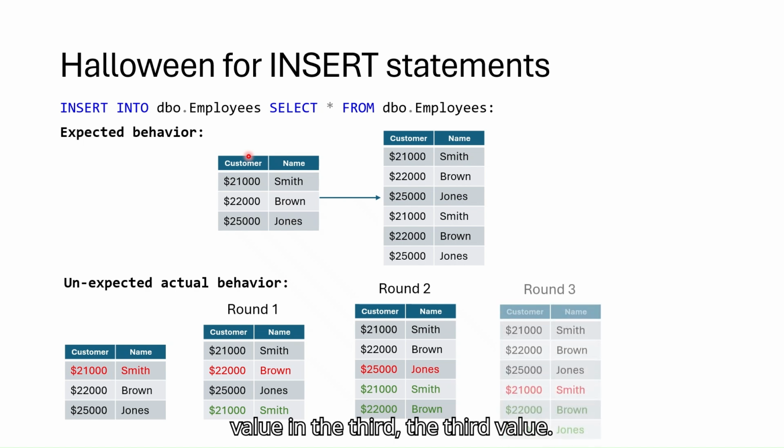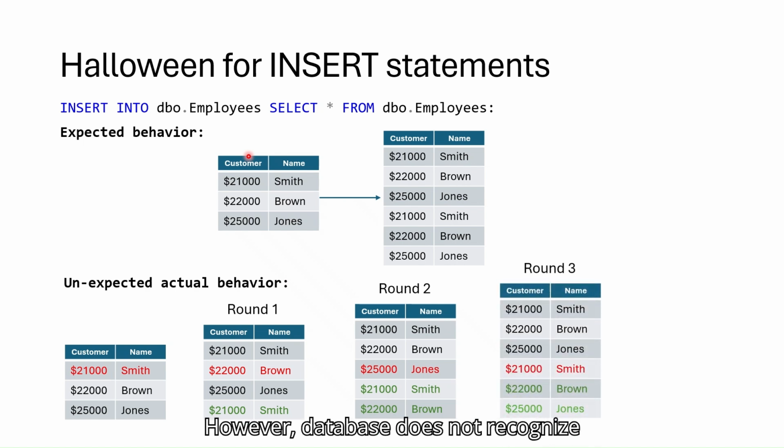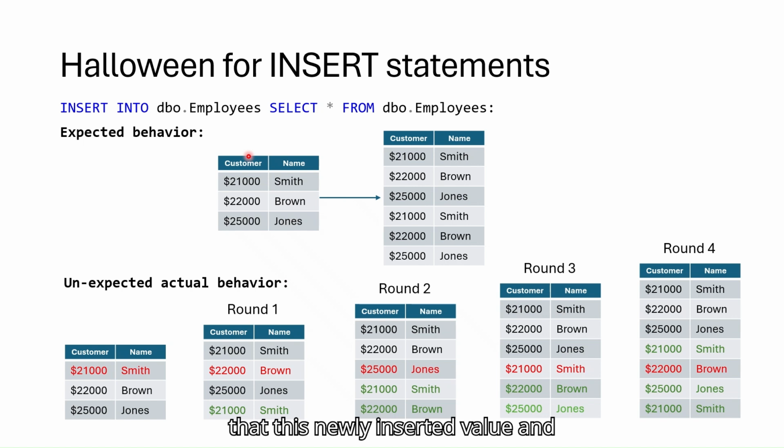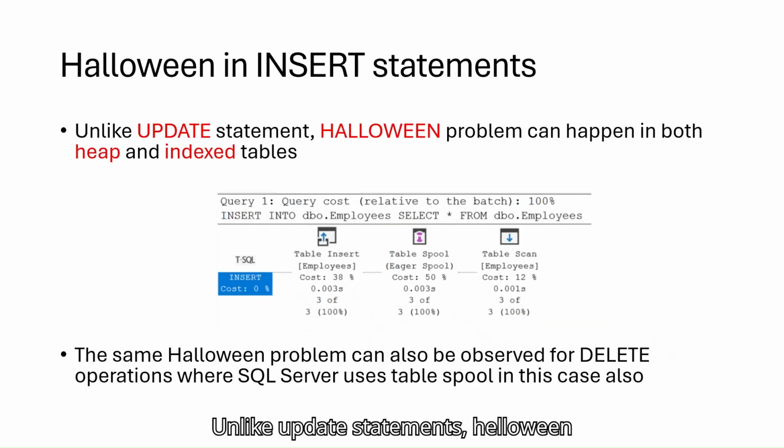Then the third value. However, the database does not recognize that this is a newly inserted value and mistakenly continues inserting the newly inserted value again and again. This can continue forever in a loop. Unlike update statements, the Halloween problem can happen in both heap and indexed tables.